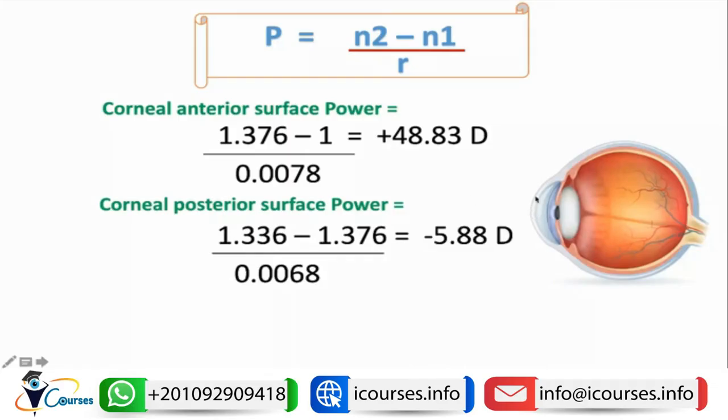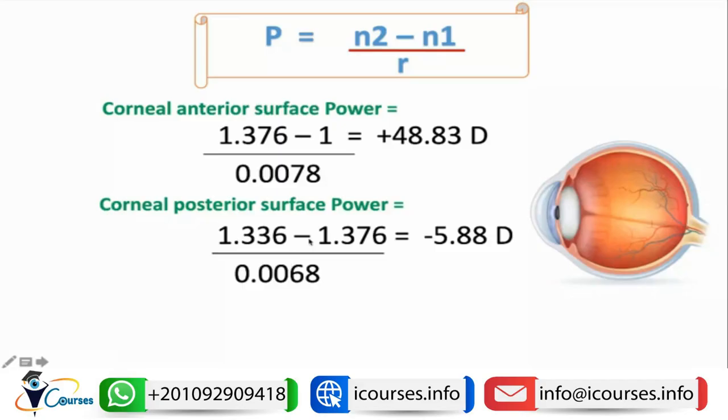The power of the posterior corneal surface will follow the same rule. Since the light rays pass from the cornea to the aqueous, N2 will be the aqueous, so it will be 1.336 minus the refractive index of the cornea, which is 1.376, divided by the radius of curvature of the posterior corneal surface.